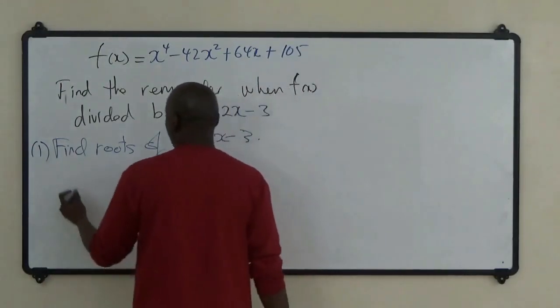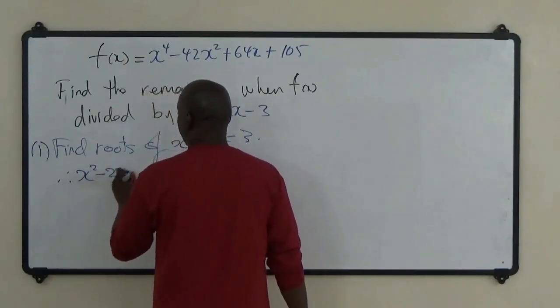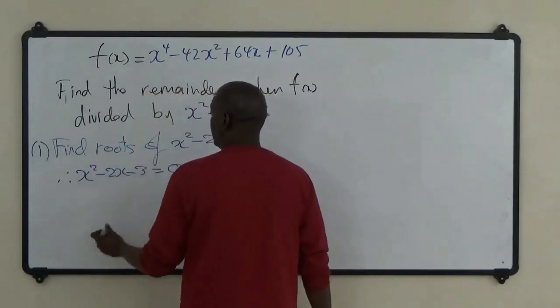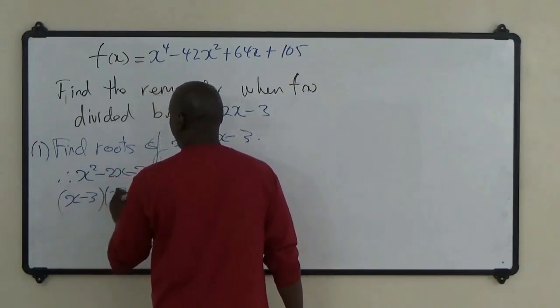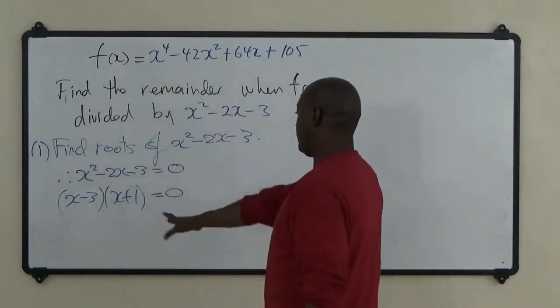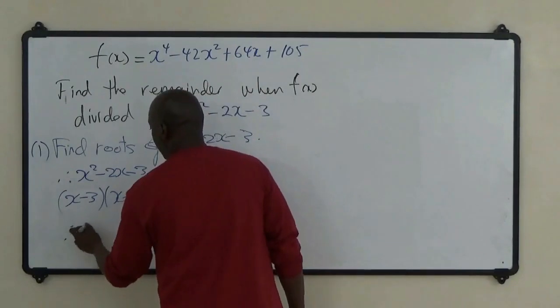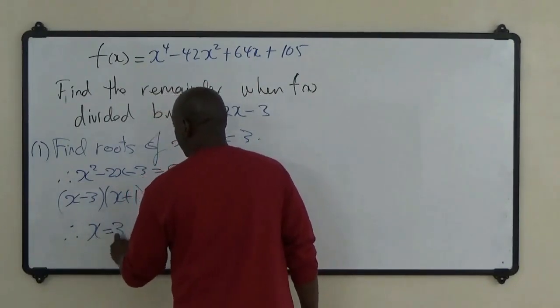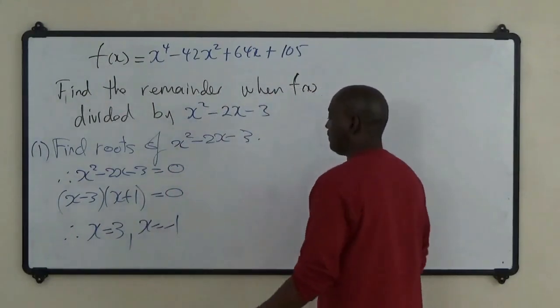When we do that, we say therefore x squared minus 2x minus 3 is equal to 0. So (x minus 3)(x plus 1) is equal to 0. Minus 3 plus 1 is minus 2. So therefore, x equals 3 and x equals minus 1.